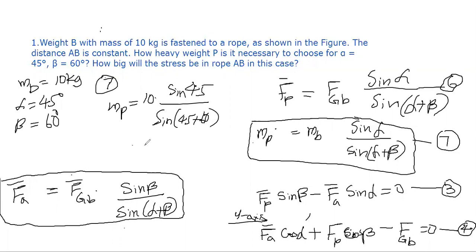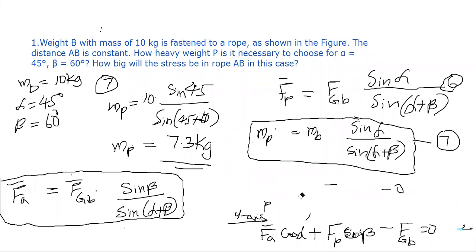If you substitute the values for sin 45 and sin 60, we will get the mass of P as 7.3 kilogram.